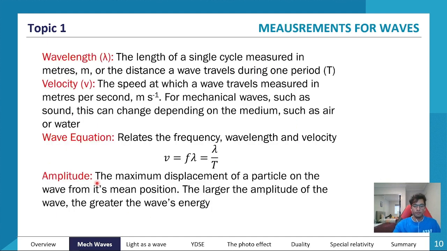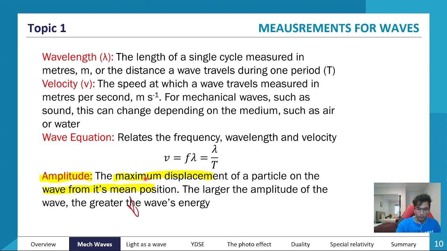Cool. There's a few terms that you have to be aware of when it comes to waves. I'll go through the easiest ones first. Amplitude is basically how big the wave is. The more specific definition is the maximum displacement of the particle from its mean position, and the mean position is when y is equal to 0.